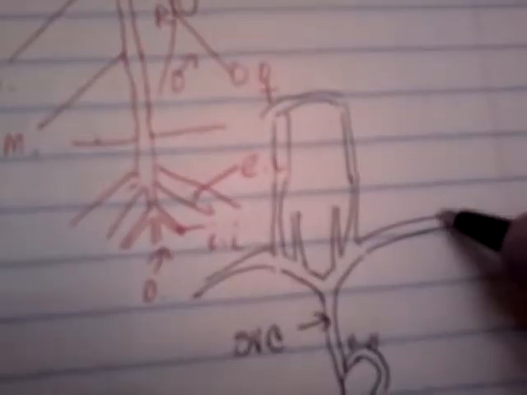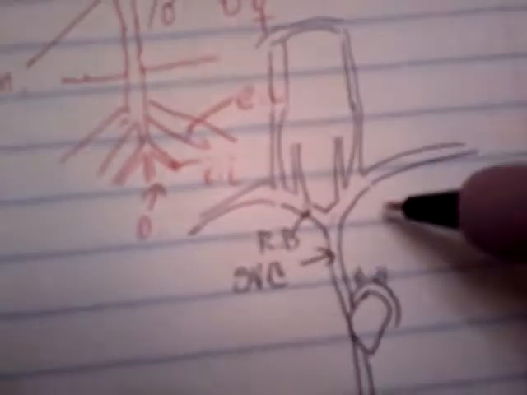And then it actually goes farther north, and then it crosses around the neck region. And we'll identify all of them in just a second. So this portion here, before the branching occurs from the superior vena cava, this will be the right brachiocephalic vein, and this will be the left brachiocephalic vein.